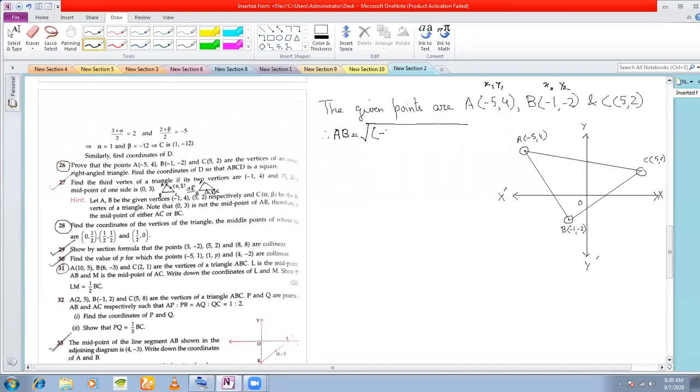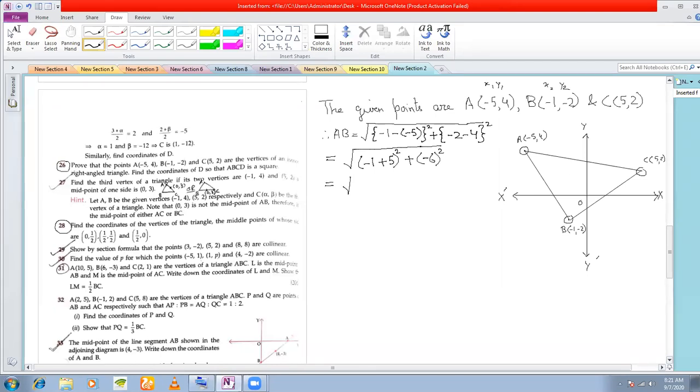So AB comes to root of (minus 1 plus 5) whole square plus (minus 6) square.